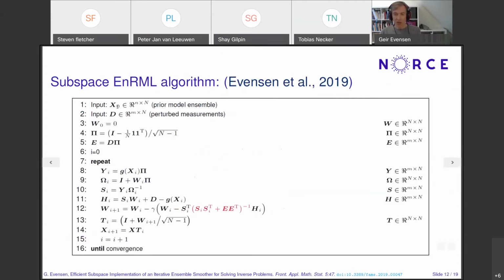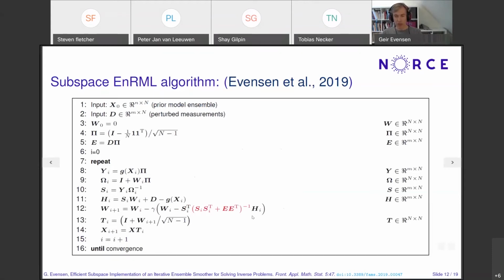So in the end, we have the whole algorithm. We have the inputs, it's just the initial ensemble, or the prior model ensemble. We have the perturbed measurements, and then we create measurement perturbations. We integrate the model forward in time in this loop. We construct these matrices, we solve these linear systems.